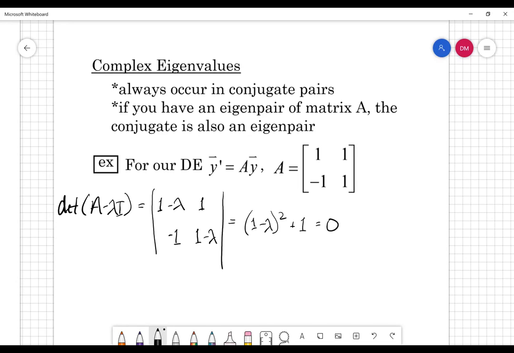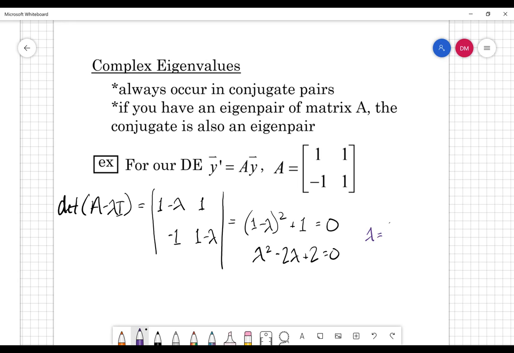So we get lambda squared minus 2 lambda, plus a positive 1 from squaring this binomial, and then adding the other one gives us this as our quadratic. Doing the quadratic formula to solve here, this is not factorable.